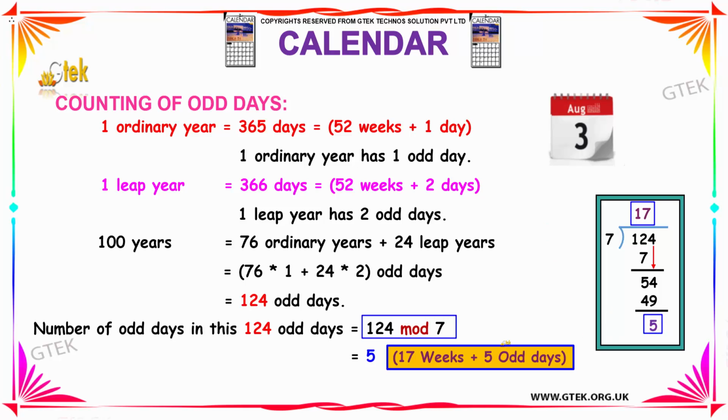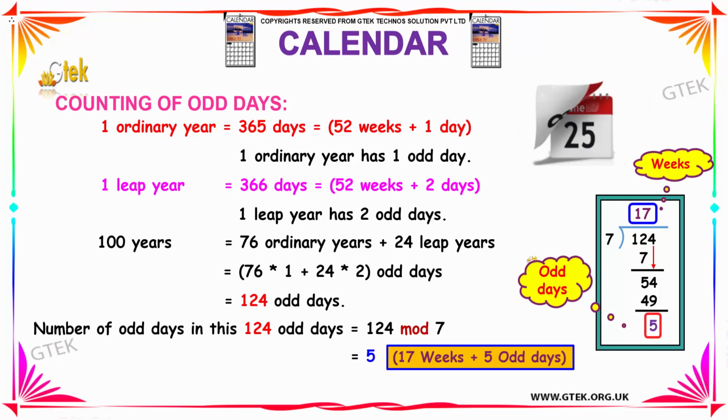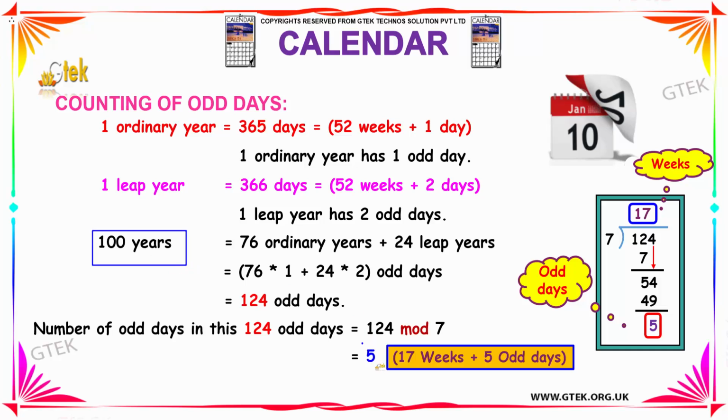This 5 becomes the odd days and the quotient becomes weeks. So 124 days can be divided into 17 complete weeks with 7 days each and 5 odd days which can't be grouped. So the number of odd days in 100 years will be 5 odd days.